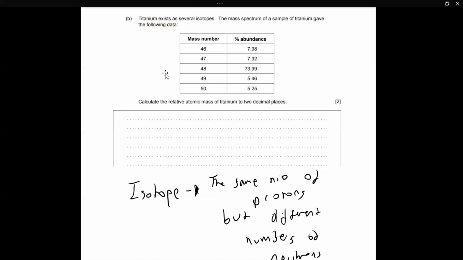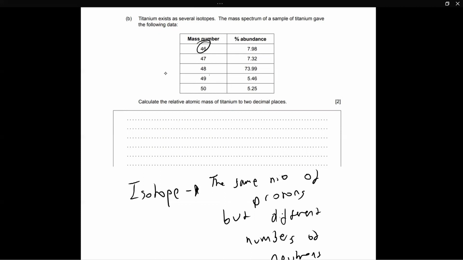Hopefully that analogy helps you understand this concept a bit better. But now they've asked us, calculate the relative atomic mass of titanium to two decimal places. Even though titanium can have these different identities, we need one standard relative atomic mass of titanium, because each isotope has a different mass number, right? So one has 46, one has 47, one has 48, one has 49, one has 50.